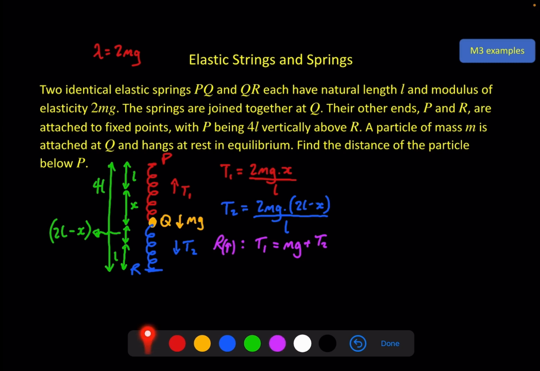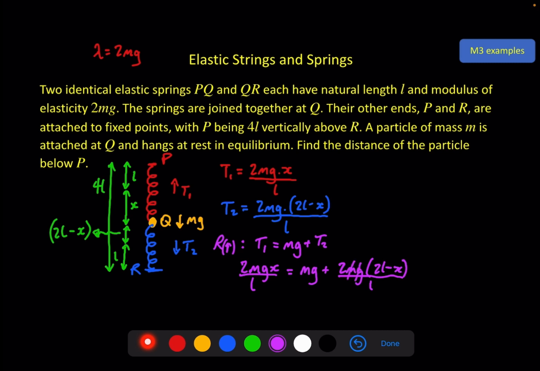And that will get these two in the same equation, so I can solve for x. So we have 2mgx over L is equal to mg plus 2mg times (2L minus x) all over L, and now I just solve for x.